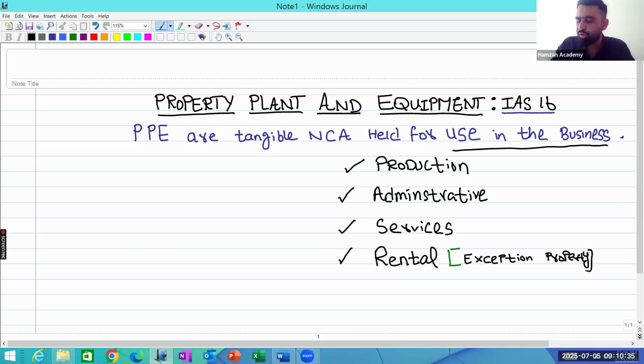If we have a property for rental purposes, then the accounting standard will be IAS 40. Then it would not be accounted for under IAS 16. For that purpose, we have investment property, IAS 40.